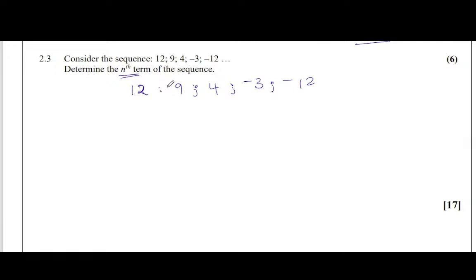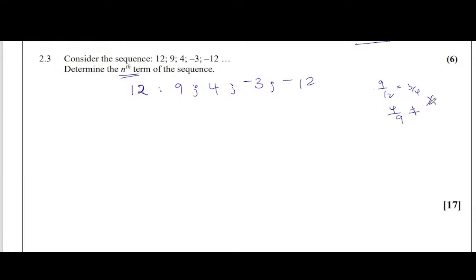If we try to do the division, 9 divided by 12, 9 over 12 is gonna give me 3 over 4. What if I try 4 divided by 9? Do I get the same thing? 4 divided by 9, I don't get 3 over 4, which means it's not geometric. We said 9 over 12 is 3 over 4, and then 4 over 9 is not the same as 3 over 4.